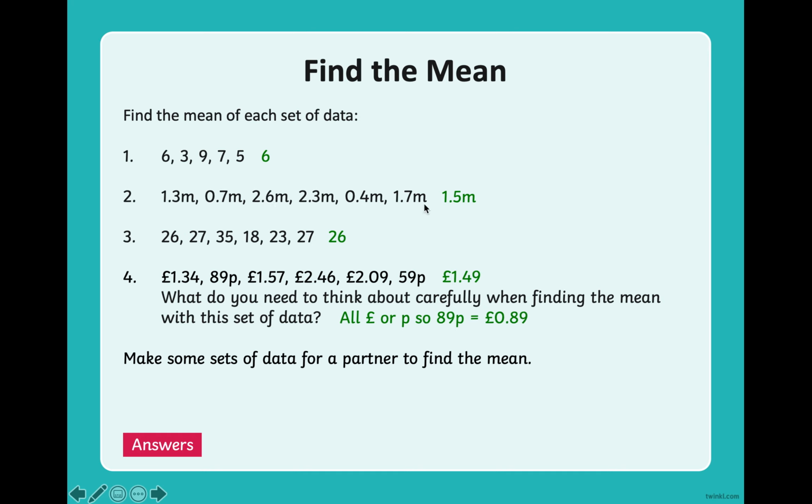You add basically all of them together, and then you divide it over 1, 2, 3, 4, 5, 6. You would get 1.5. Same thing here, you would add all of them together and you would divide the total by 1, 2, 3, 4, 5, 6. And then you would get 26. You can pause the video and do it with your calculator and see if all of the answers are correct.